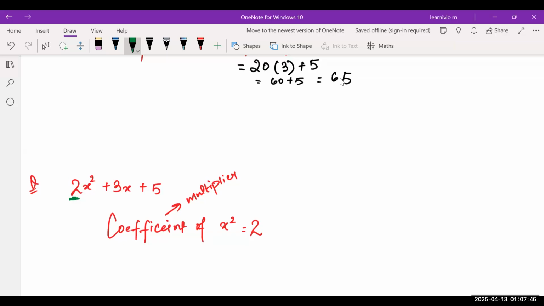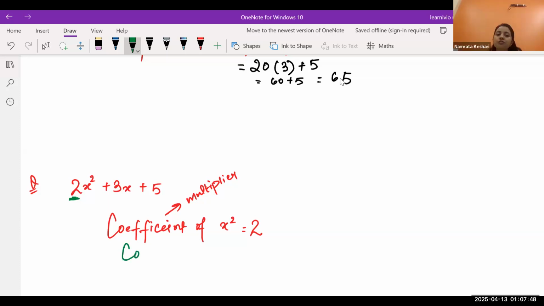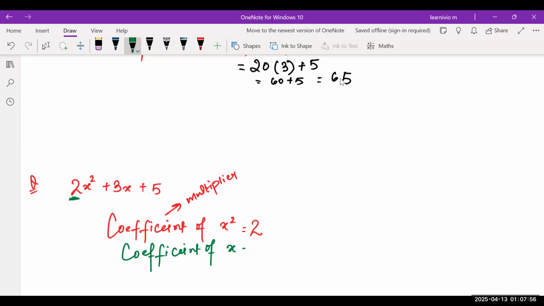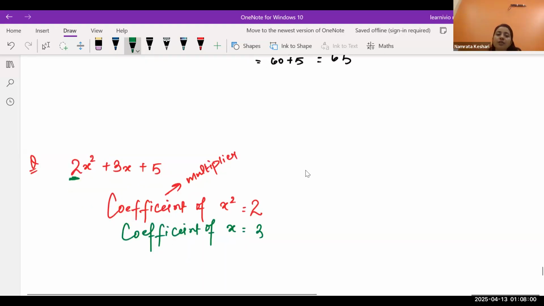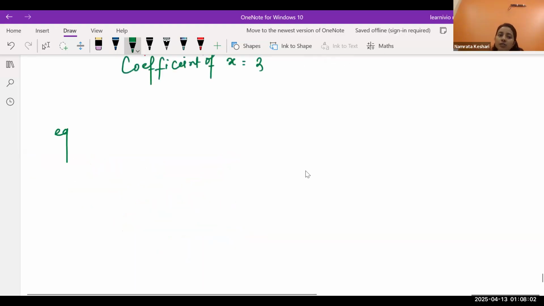Yes, ma'am. Okay, similarly, if we are supposed to find the coefficient of x, it will be 3. Positive 3. Perfect. Now, if we have a polynomial which looks like this, 5x to the power 4 minus x cube plus 24.